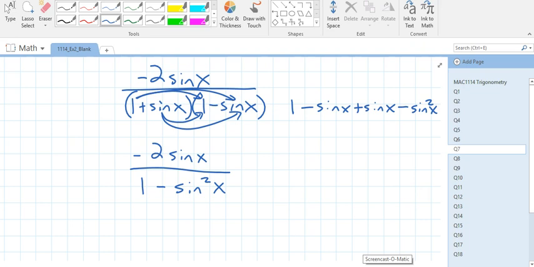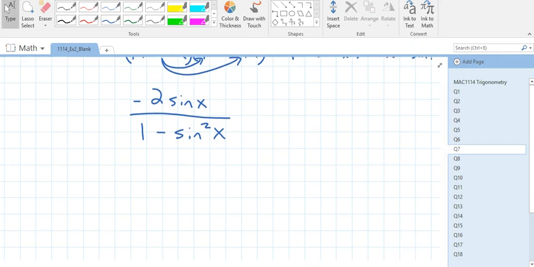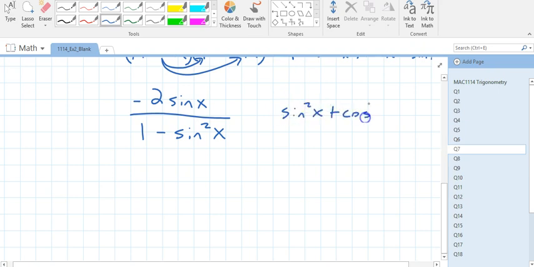Is there anything else we know about this after that foiling then? 1 minus the sine squared x is an identity. Who is that? It's going to be cosine squared. We've talked about that guy before. Because remember, we've got that sine squared x plus cosine squared x equal to 1.